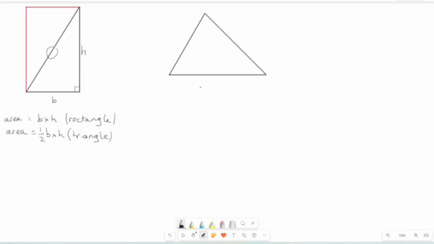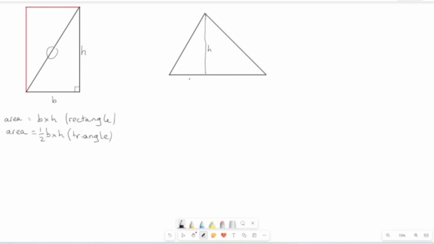So how will we work out the formula in this one? The first thing we do is we divide it into 2 triangles with a line down the middle. And we know the length of this line is the height. And we've got effectively 2 triangles here.